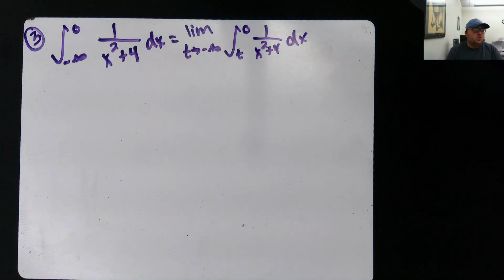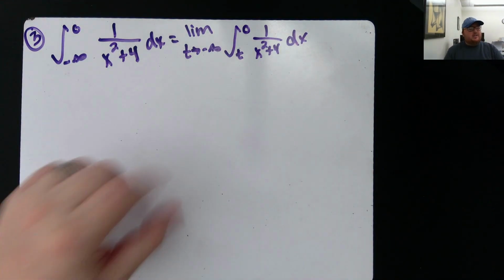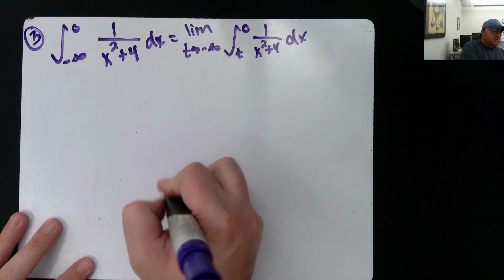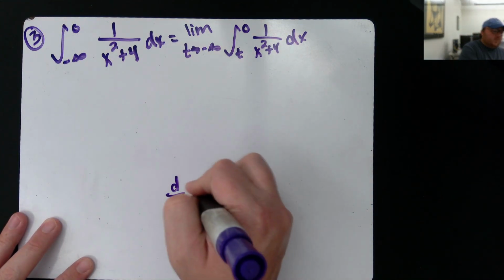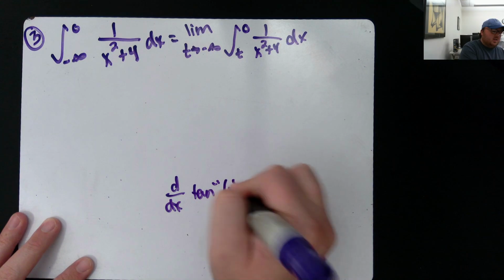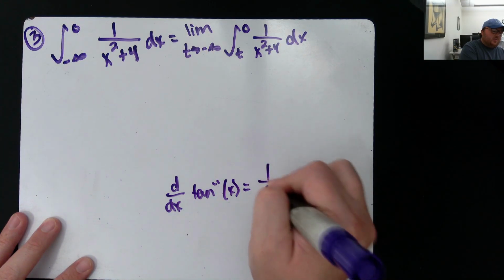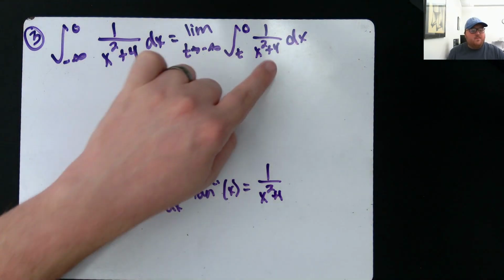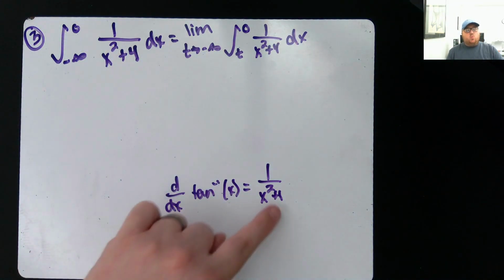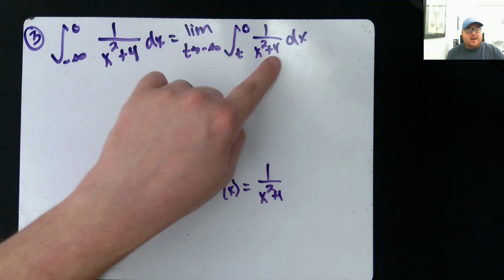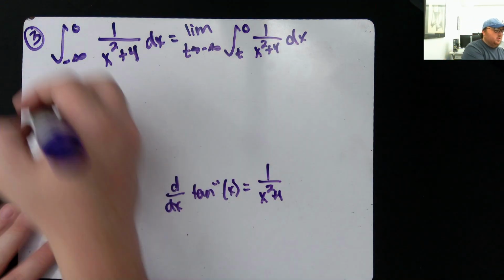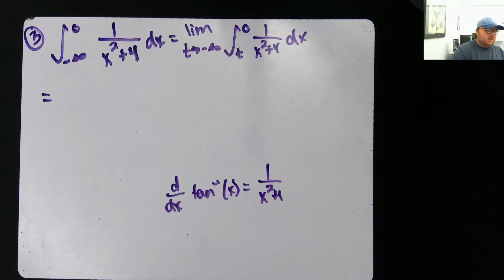Notice this looks a lot like inverse tangent. Remember, we learned that the derivative of inverse tangent is 1 over x squared plus 1. The difference here is that I have a 4 when I really only want a 1. So I've got to make this a 1 by factoring out a 4.